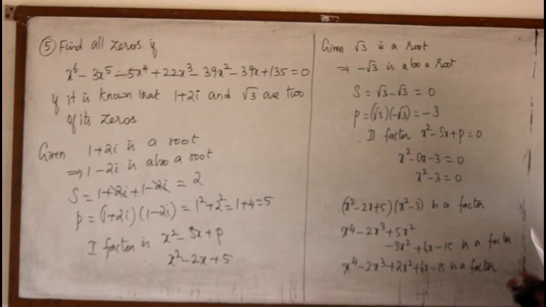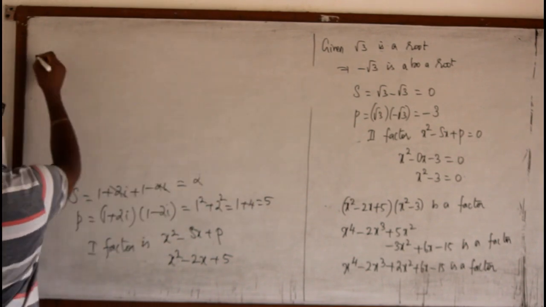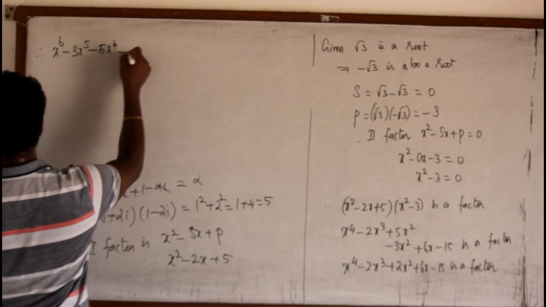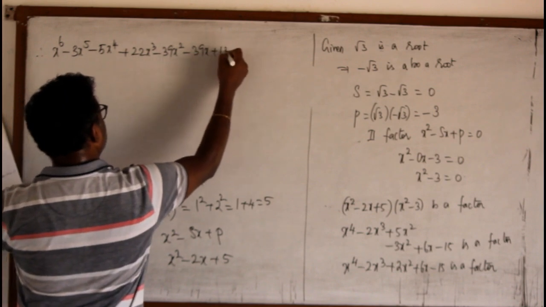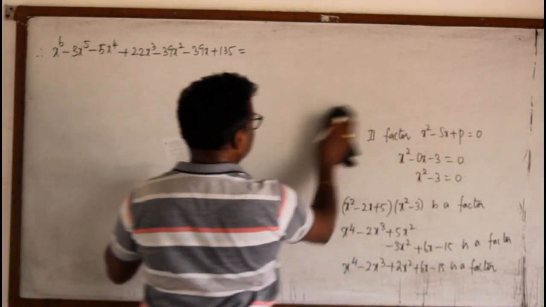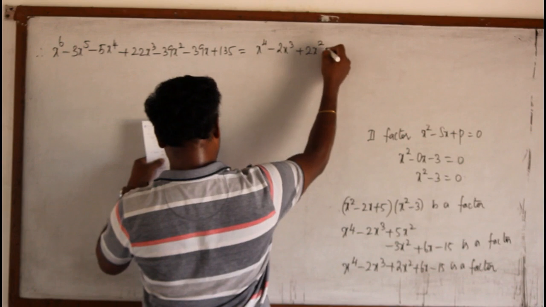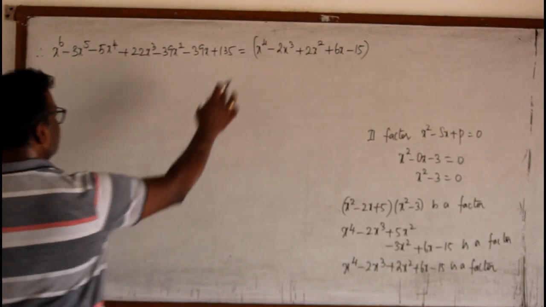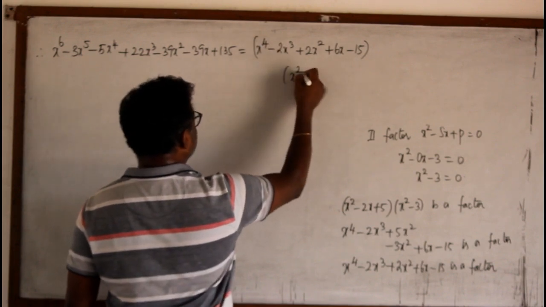given equation. So if I take the given equation, x power 6 minus 3x power 5 minus 5x power 4 plus 22x cube minus 39x square minus 39x plus 135 equal to, if I take the factor as x power 4 minus 2x cube plus 2x square plus 6x minus 15, then I will have one more factor, because the power is 6 and this is x power 4, so I will have one factor starting with x square.